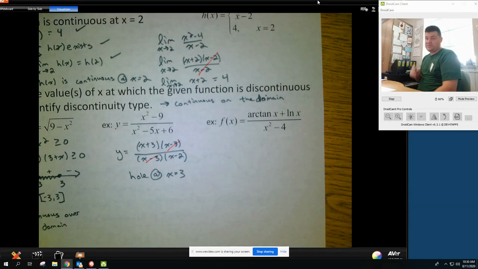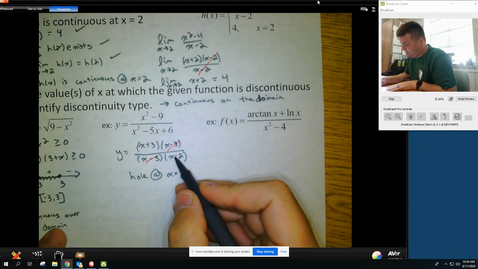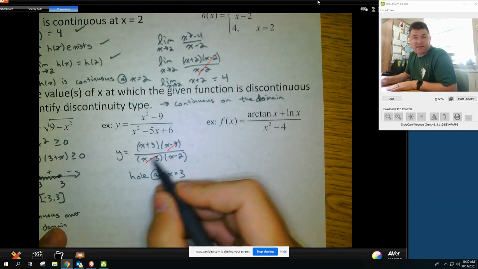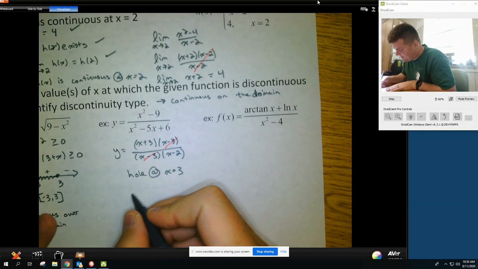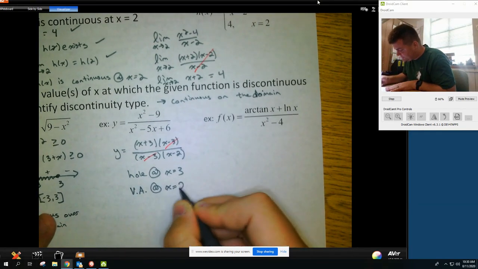Other one is asymptotes. You only have asymptotes vertically speaking if you have, well, certain trig functions, whatever, or if you have a fraction. So look at this fraction right here. You have on the bottom cannot equal 0, so that minus 3 already got canceled out. So I'm going to have a vertical asymptote at x equals 2.